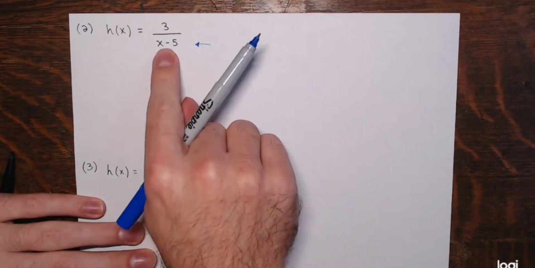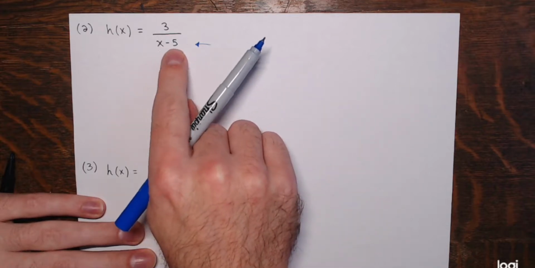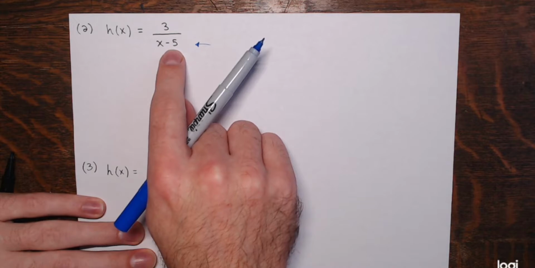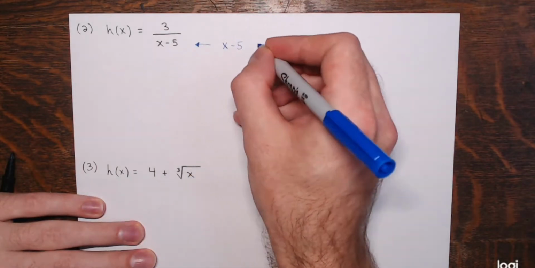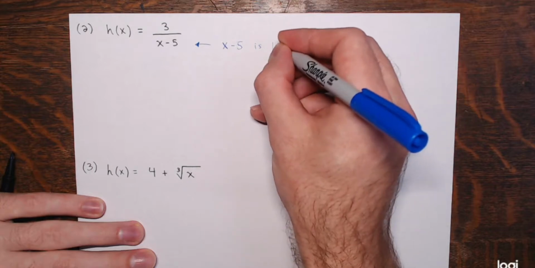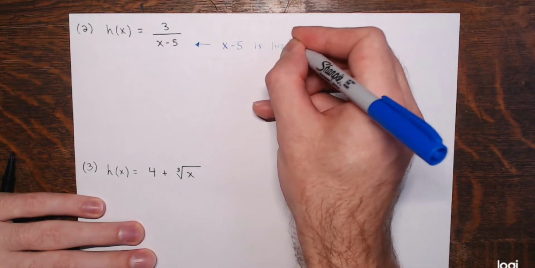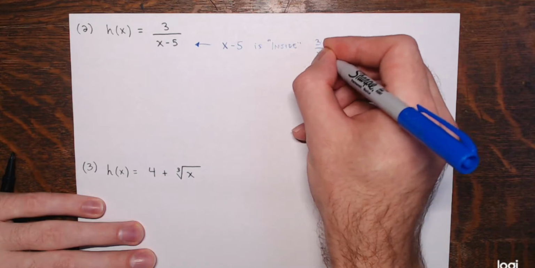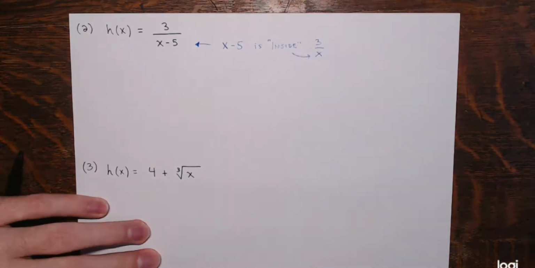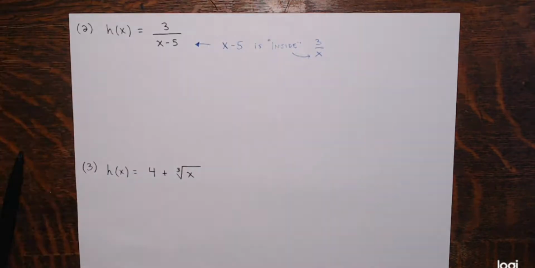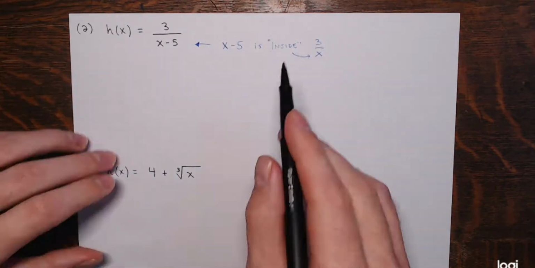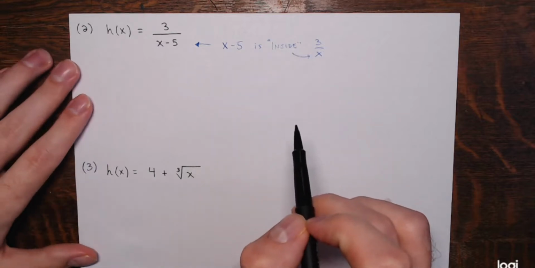Here, the more complicated expression is probably going to be your inside function: x minus 5. This expression x minus 5 is inside 3 over x, in the denominator. It's like taking 3 over x and replacing x with x minus 5, putting x minus 5 inside it. That's why I'm putting quotes around inside. It's not easy to see sometimes.